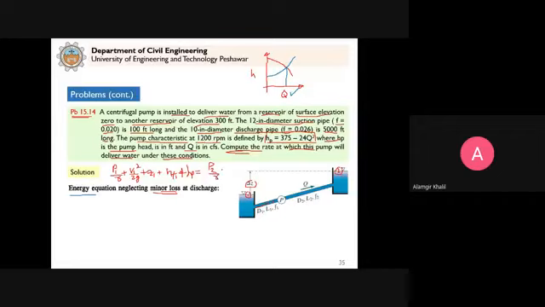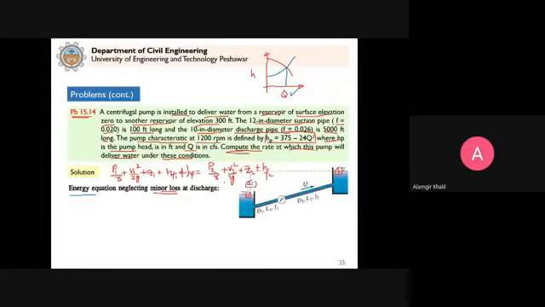This will be equal to P2 by gamma plus V2 square by 2g plus Z2 plus HF2, this is the head losses due to friction in this pipe here.